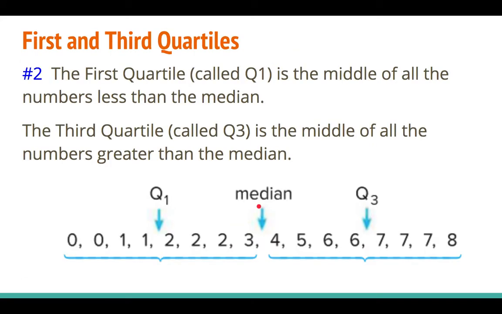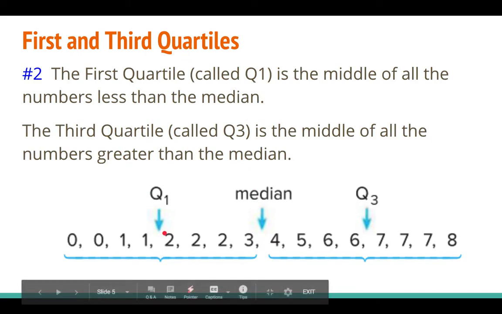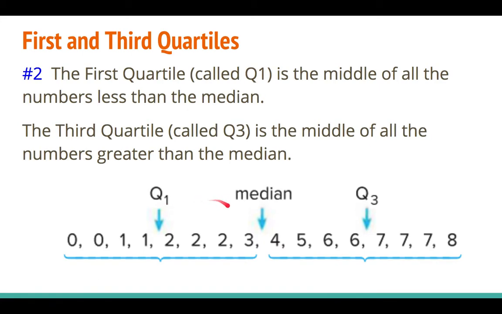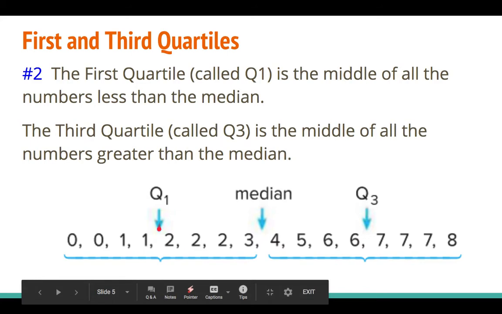So what the quartiles are is the first quartile, again your median was here. Q1 is the middle of all the numbers smaller than the median. So that's the median of everything less than the median. And that's labeled as Q1, quartile 1.